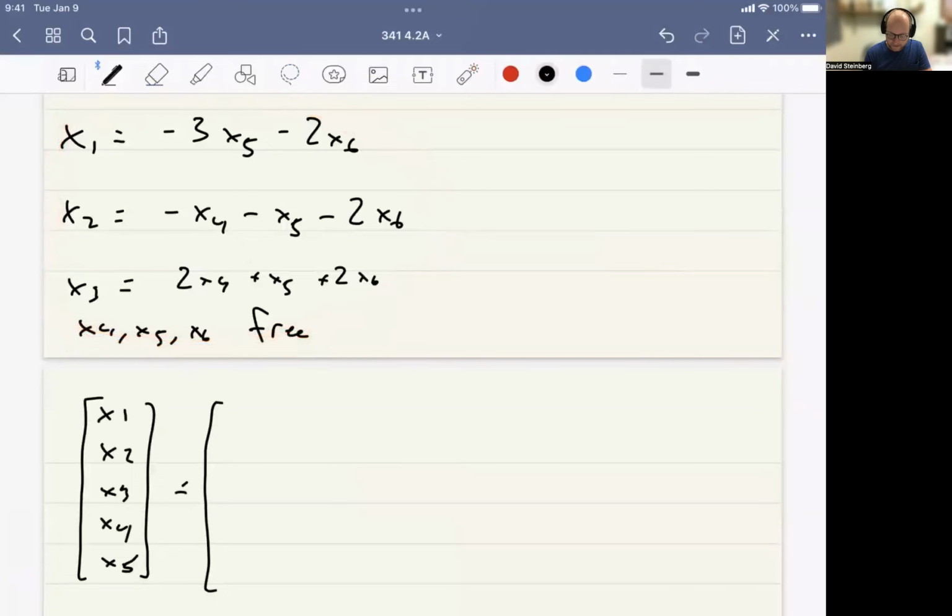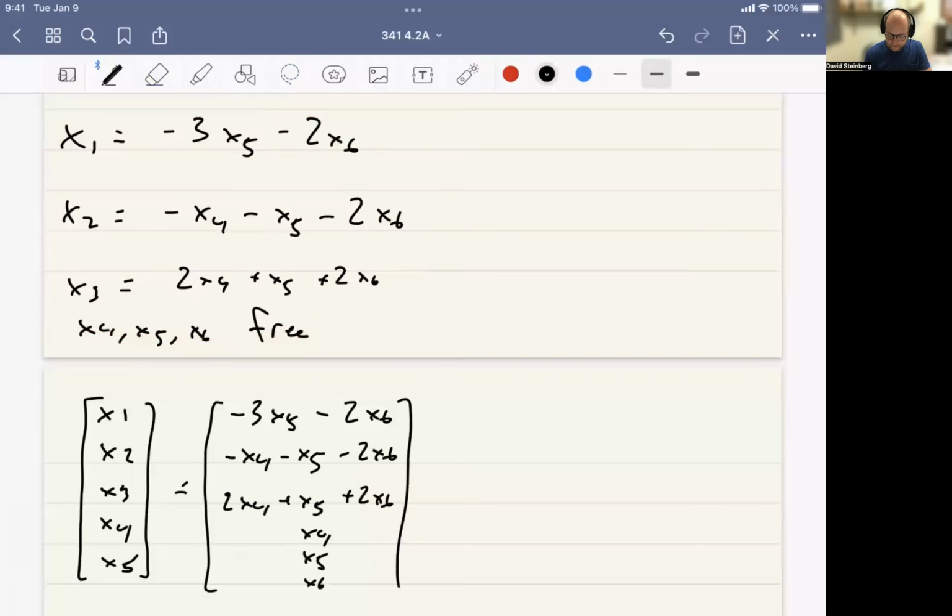So x1 is now negative 3x5 minus 2x6. x2 is negative x4 minus x5 minus 2x6. x3 is 2x4 plus x5 plus 2x6, and then x4, x5, x6.